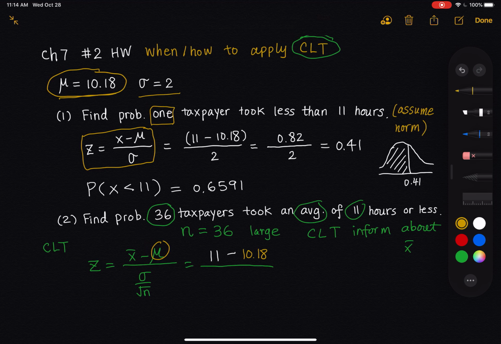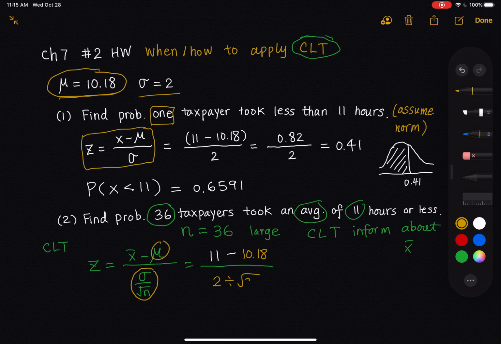And the central limit theorem also tells us that you have to divide it by sigma over square root of n. And in that case, you have to identify that sigma is 2. You divide it by square root of n.